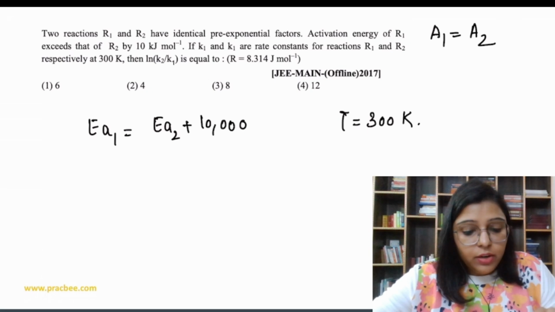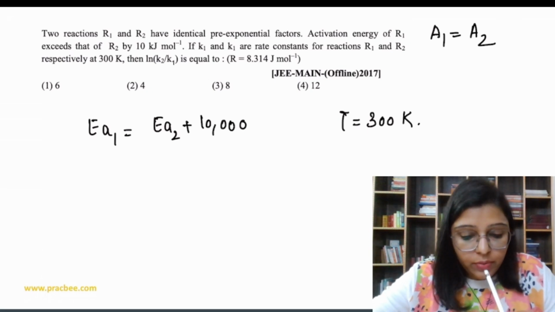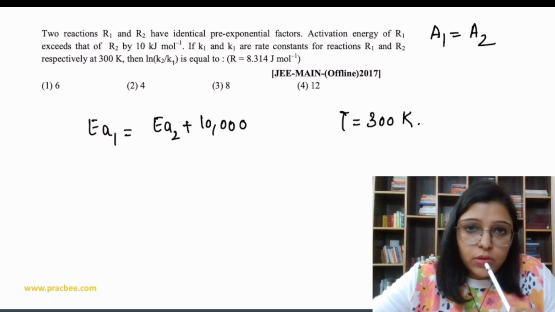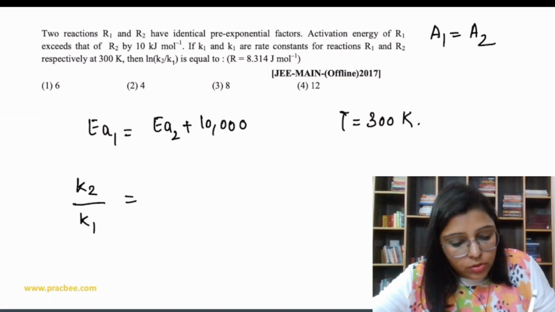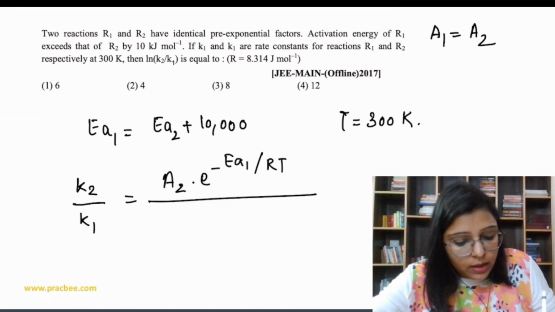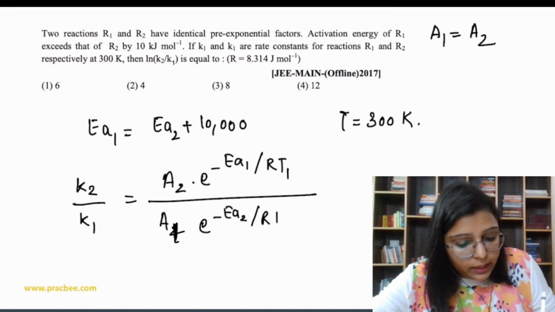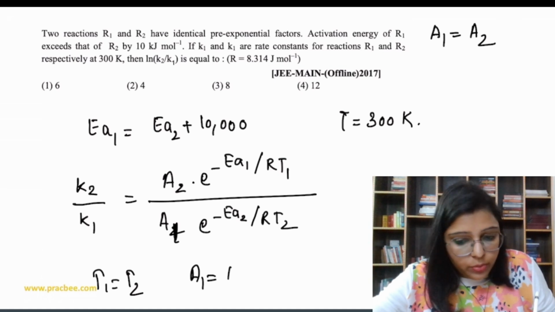So we have to find ln K2 by K1. The temperature is also constant, right? So K2 upon K1 is A2 e to the power minus Ea2 upon RT2 over A1 e to the power minus Ea1 upon RT1. So T1 is equal to T2, and A1 is equal to A2.